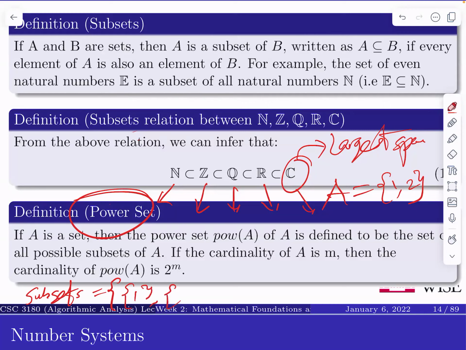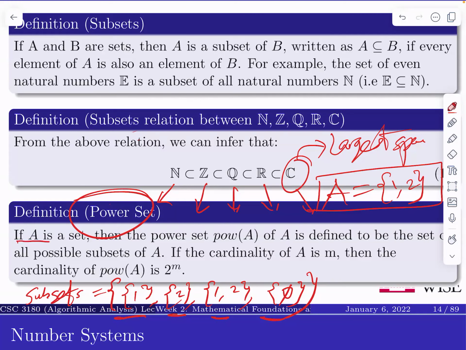Set number 1, set 2, I can combine the two sets, and then there is an empty set in every set. So you see that I have 4 subsets. So if a set originally has 2 elements, the possible number of subsets of that set is going to be 4. And that is called the power set.